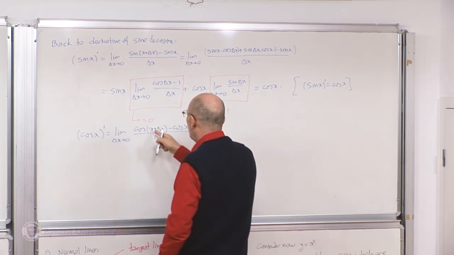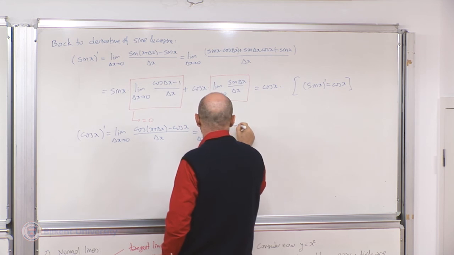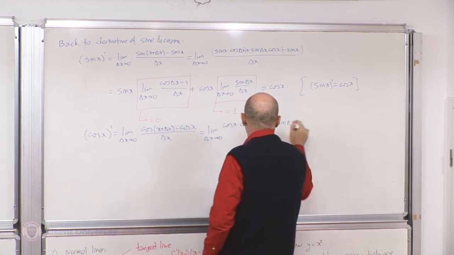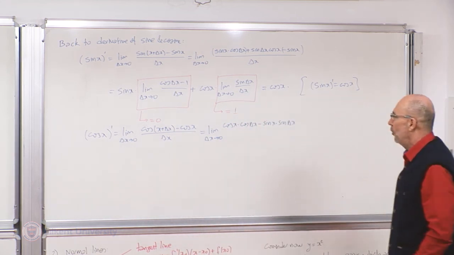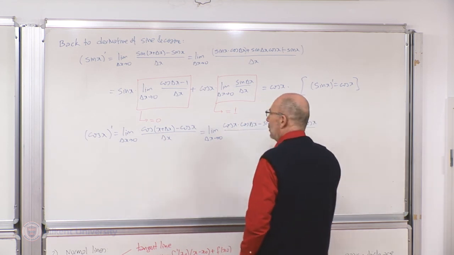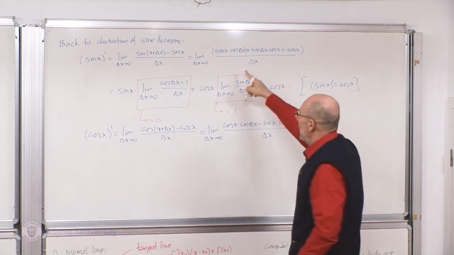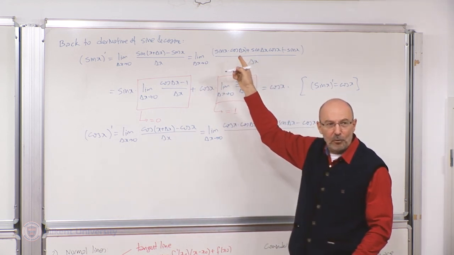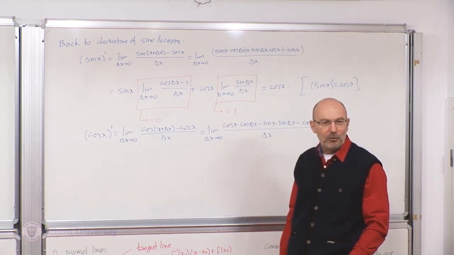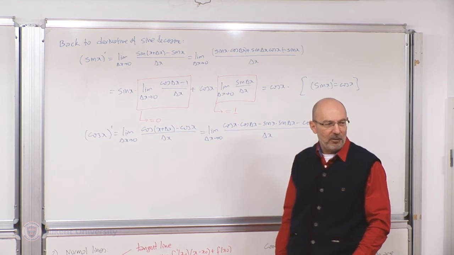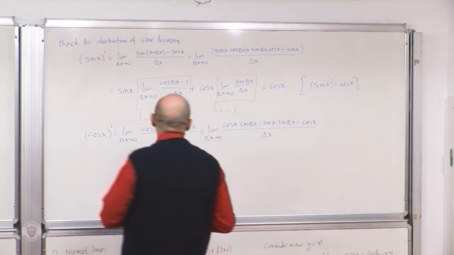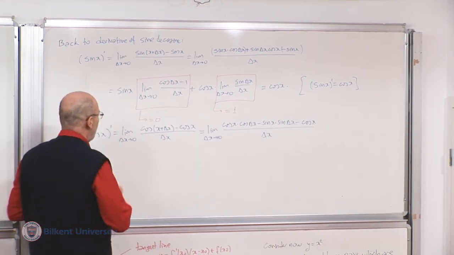So this is cosine x times cosine delta x minus sine x times sine delta x, minus cosine x over delta x. As we did here, if something works, you use it until it doesn't work. That's the usual philosophy in life: if it works, don't touch it. Engineers know that better than we do. So this worked here, so let's use it.